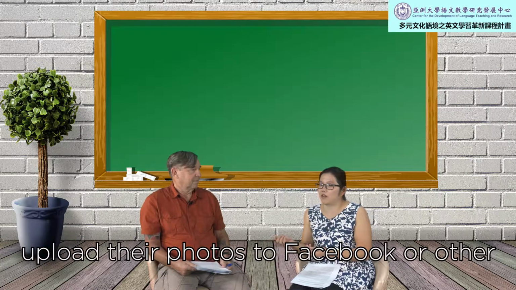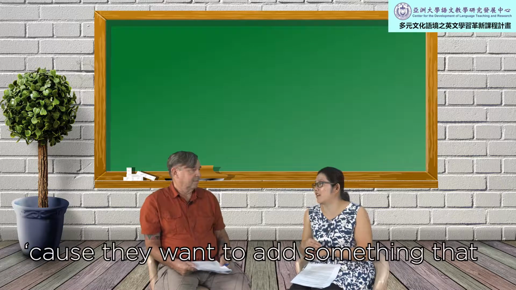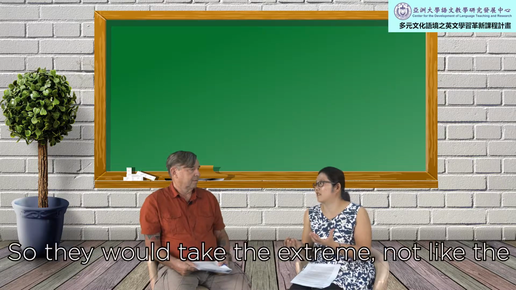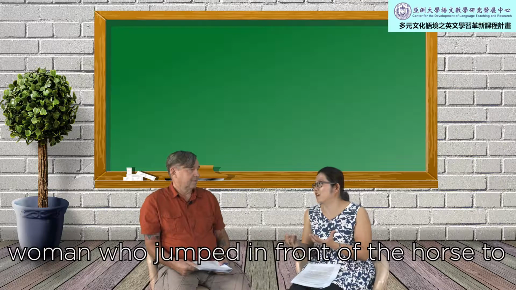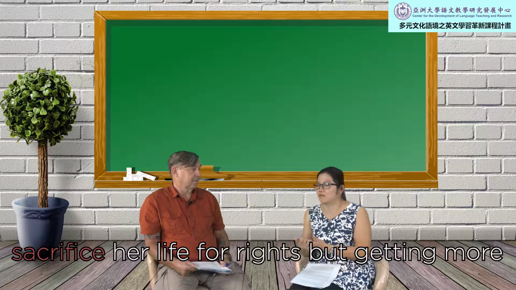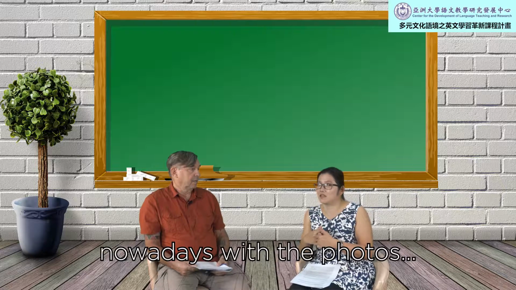Those people who upload their photos to Facebook or other social media want to edit them because they want to add something that others may aspire to or want. So they will take it to the extreme, not like the woman who jumped in front of the horse to sacrifice her life for rights, but to get more thumbs up for their images. That's nowadays with the photograph.